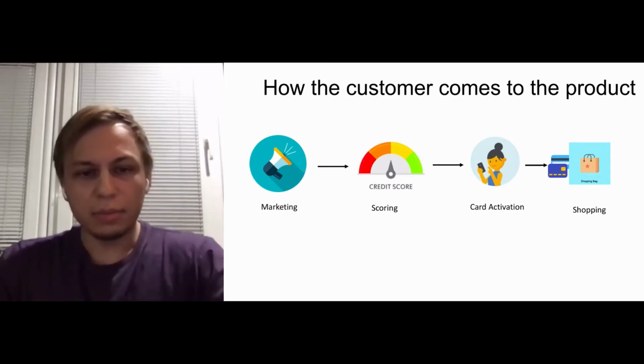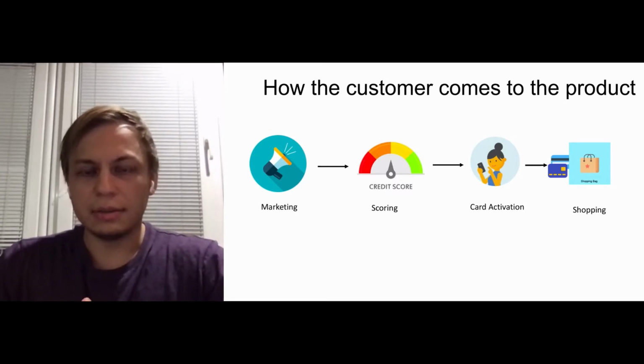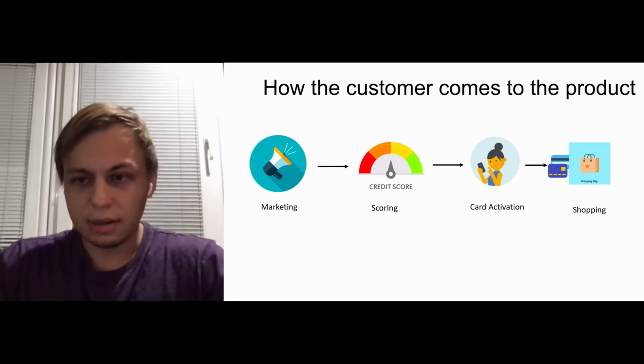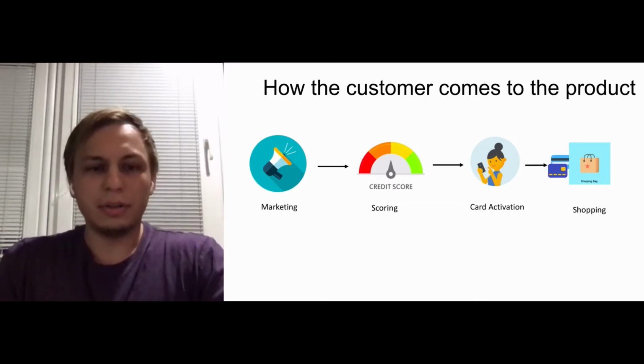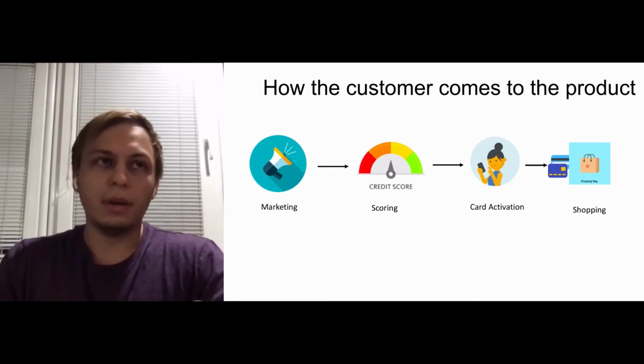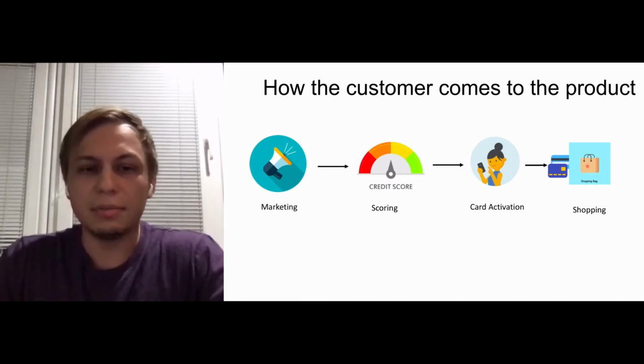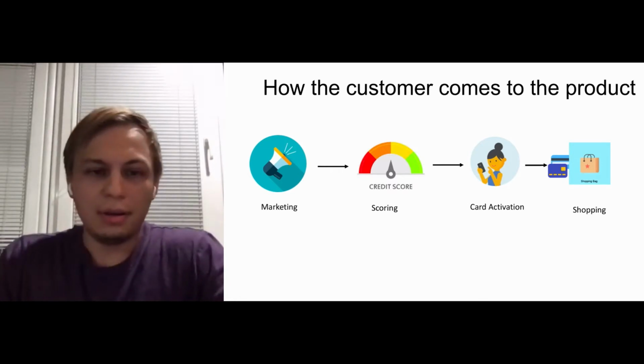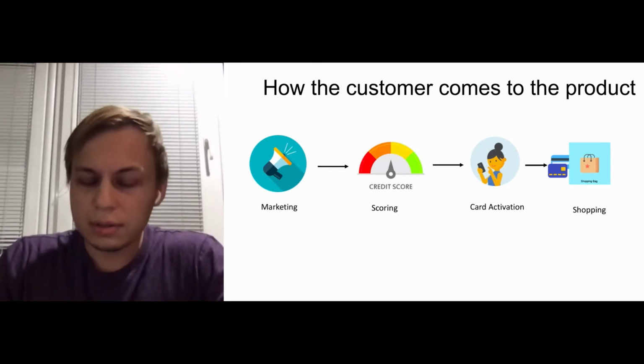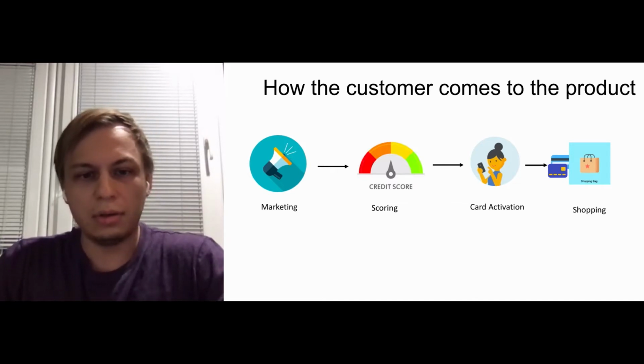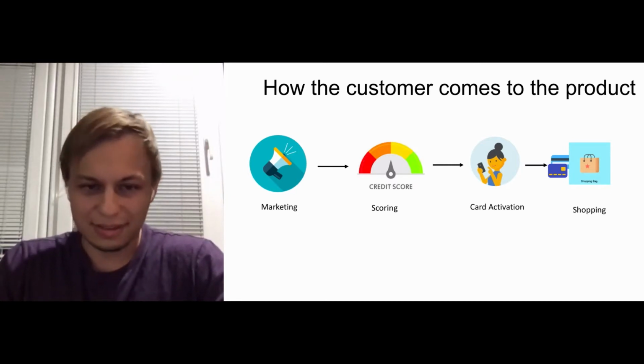The economy of the product is as follows. We have expenditures and revenues. Expenditures can be, first of all, cost of customer acquisition. Second, it's scoring costs, because we don't want to give an installment to a person who will buy a TV for $1,000 and wouldn't return.